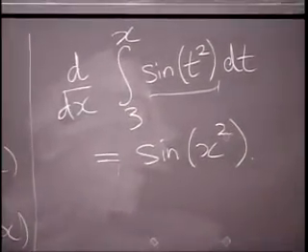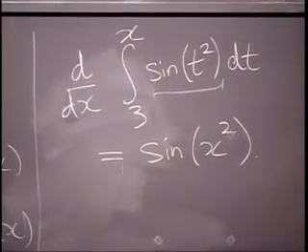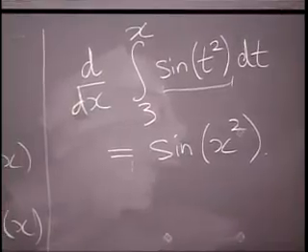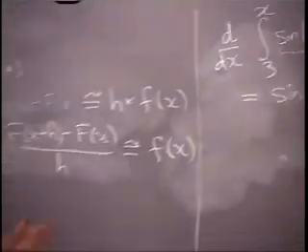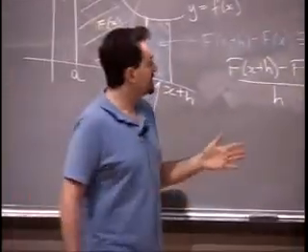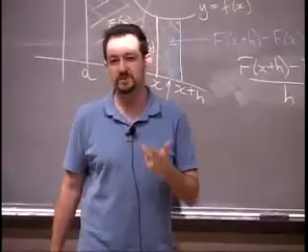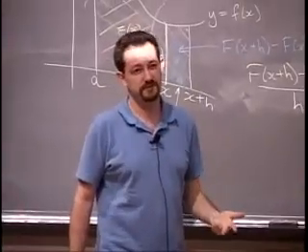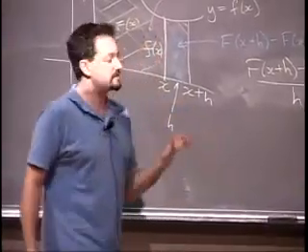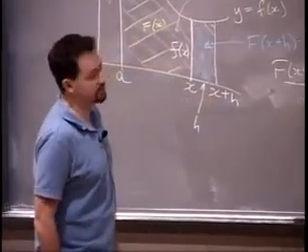That's how much the area changes when you wobble the right-hand endpoint. So basically everyone looks at this and says, what about the 3? Surely the 3 must make a difference. Okay, this is the real sticking point with this theorem.